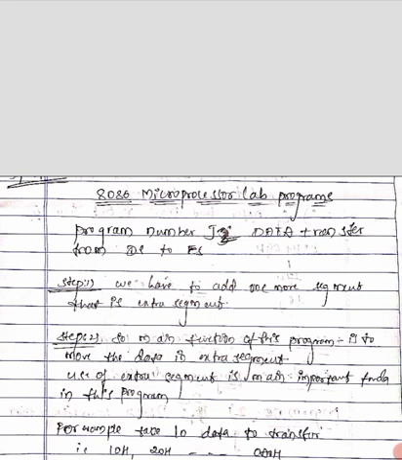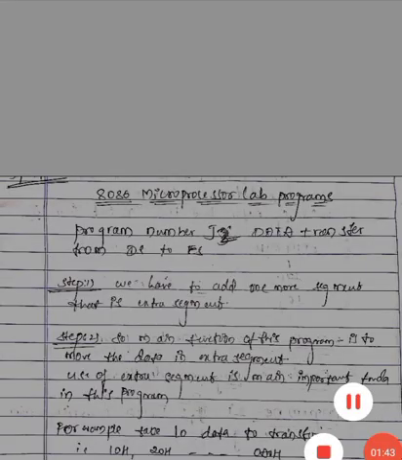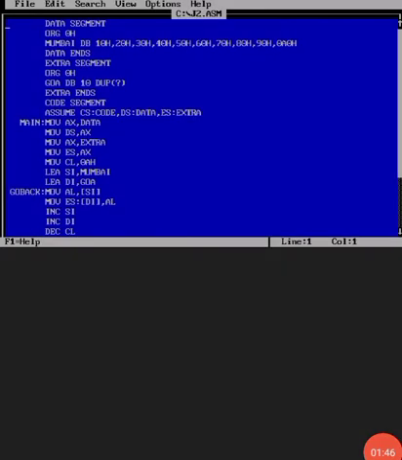Let us understand the program and run it in DOSBox. This is the program 2, that is a transfer of data from DS to ES.